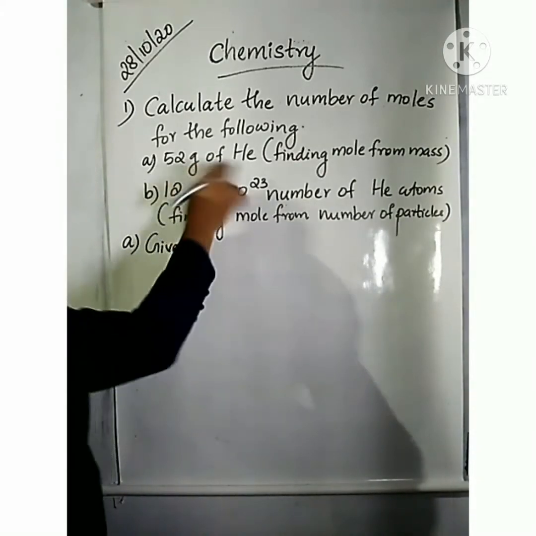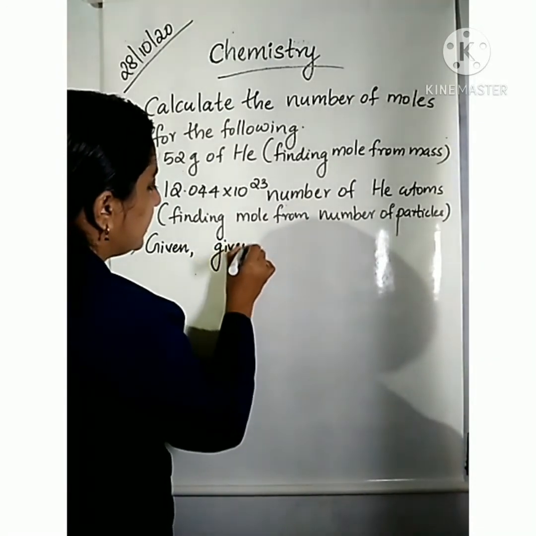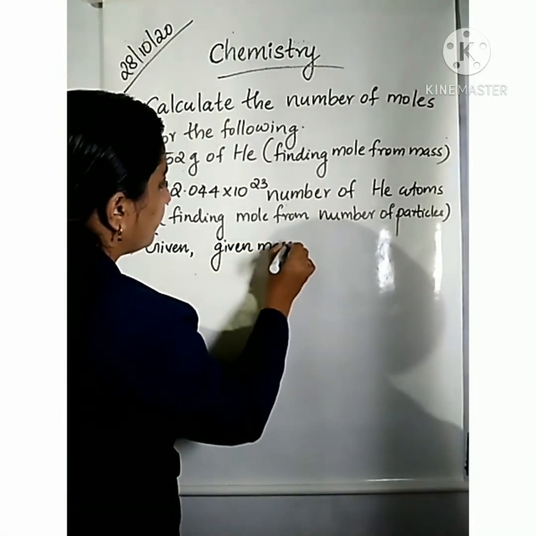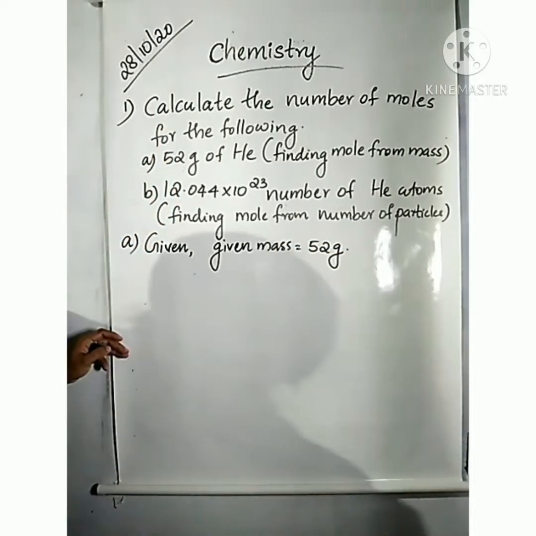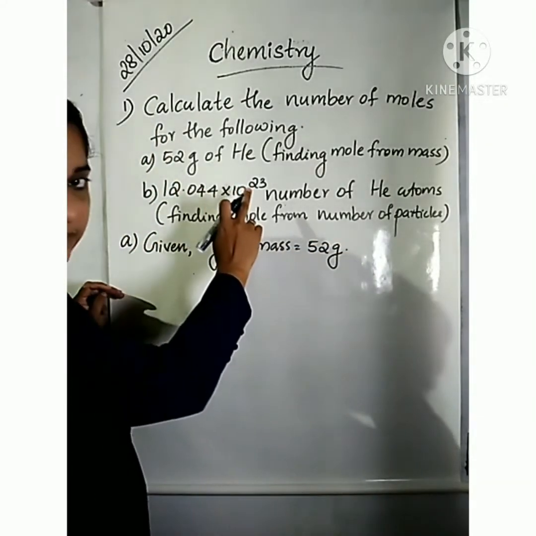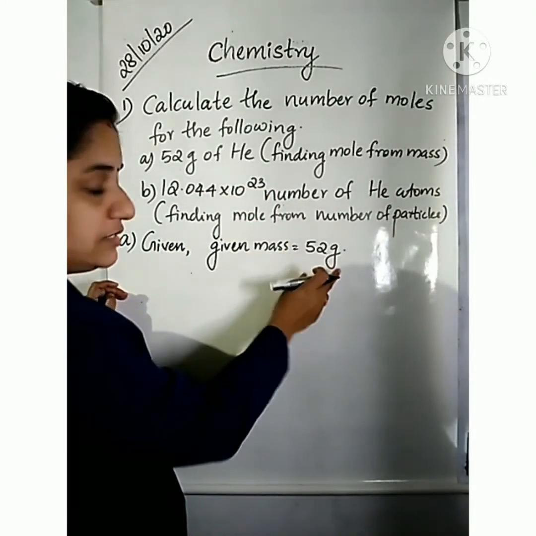Given mass equal to 52 gram. The given mass of helium atoms is 52 grams.